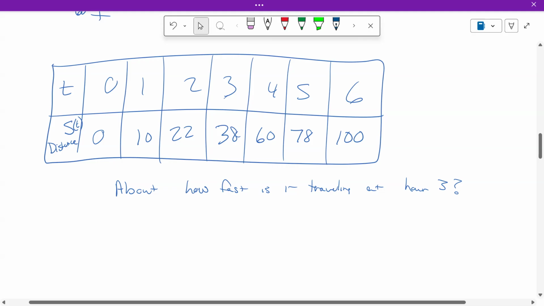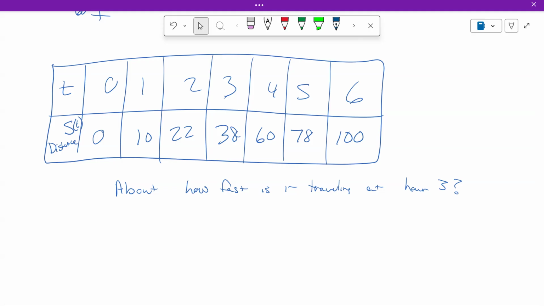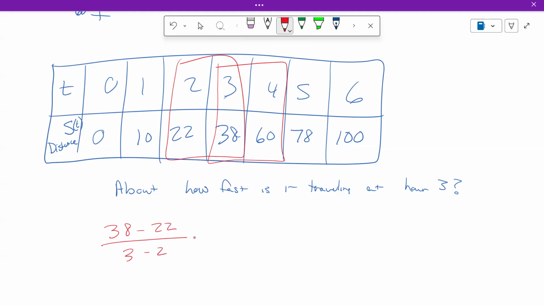How fast is a car traveling at hour 3, approximately? Probably the best way to do this is to take these two, find their average, find these two average, and average the averages. So what's the average velocity from 2 to 3? 38 minus 22 over 3 minus 2. The distance divided by time is velocity.